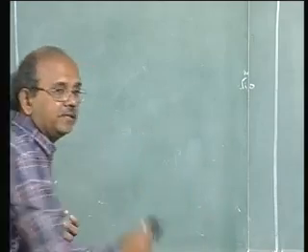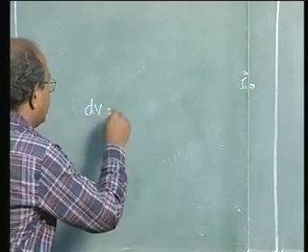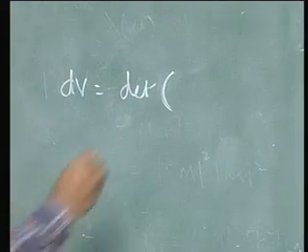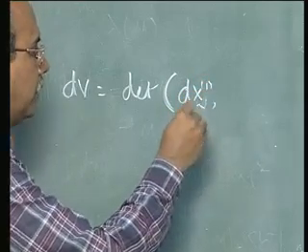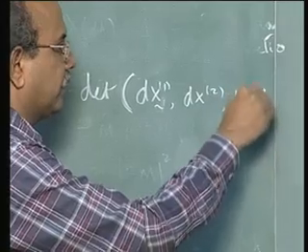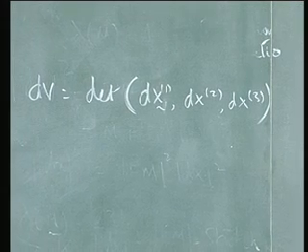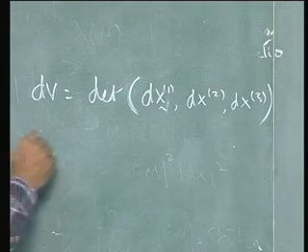That is nothing but the determinant, if you remember. dV is equal to the determinant of dX1, dX2, dX3. This is the definition for this operation, from our vector algebra, maybe at high school level.